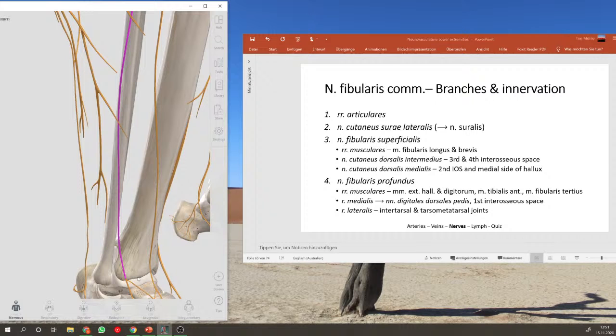So, I'll try to show it to you. Alright, like this. So we have the superficial fibular nerve, the pink one here, and I'm just gonna draw on it because it takes way too long until it's selected.